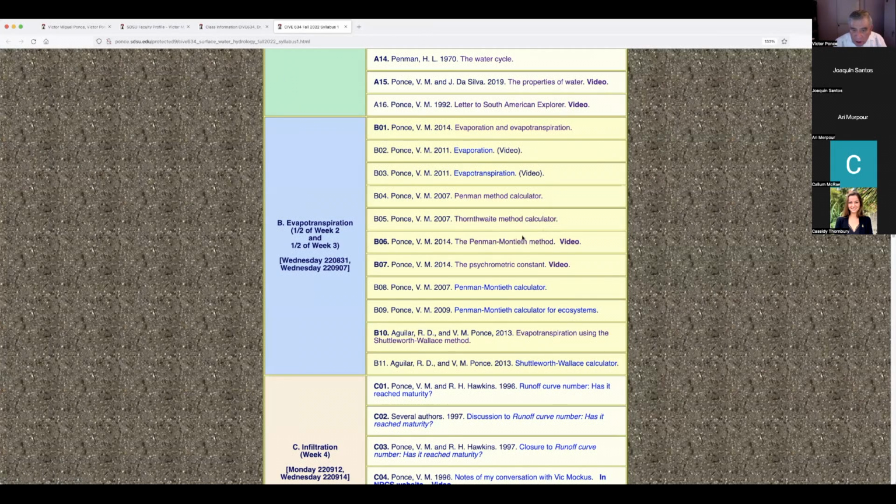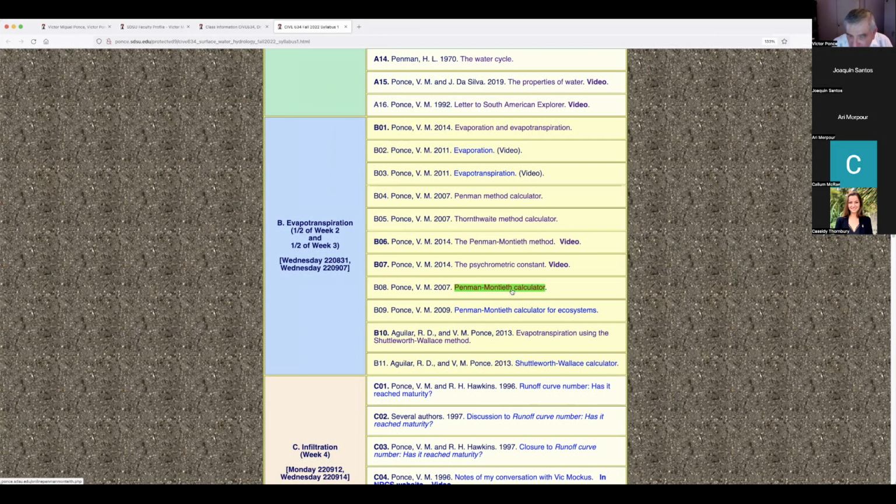Okay, so we already did the Penman-Monteith calculator, and interestingly, several years ago, I had a lady, a scientist, I think a biologist, I'm not quite sure, who wanted me to do a Penman-Monteith, but for ecosystems, not for reference crop, because I was doing the reference crop since FAO wanted that to feed people around the world.